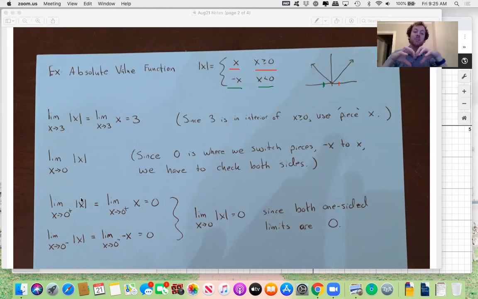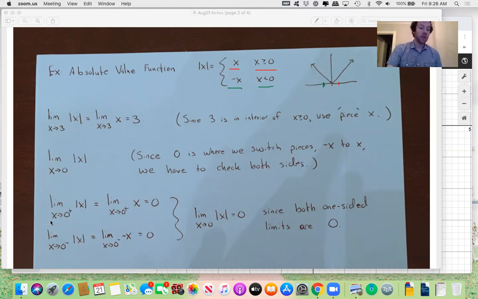If you get the same number, that number is the limit you're looking for. If you get different numbers, then the limit doesn't exist. So that's the way that we'll go about this. We'll write down the two one-sided limits, work each of them separately, and then depending on which numbers we get, we draw our conclusion about this two-sided limit.